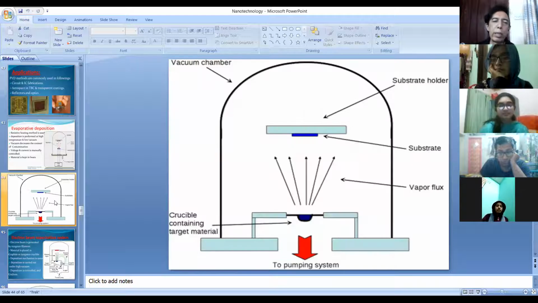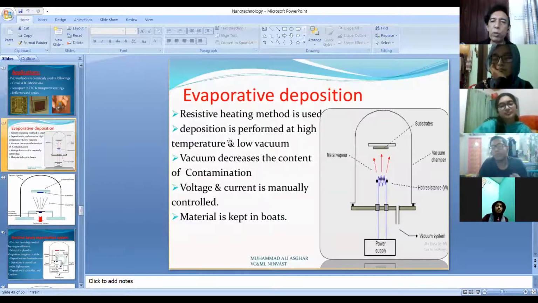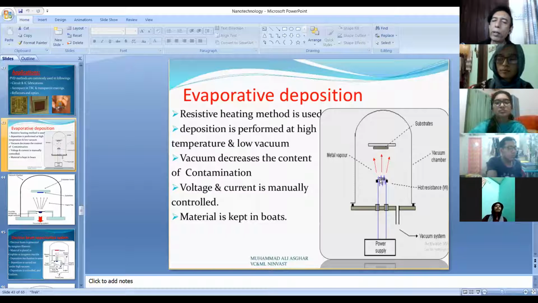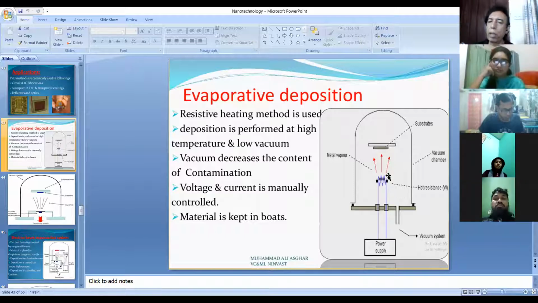So in evaporative deposition, what we have seen is that we heated the target material, then the target material became vaporized, and the vapor condensed on a substrate.